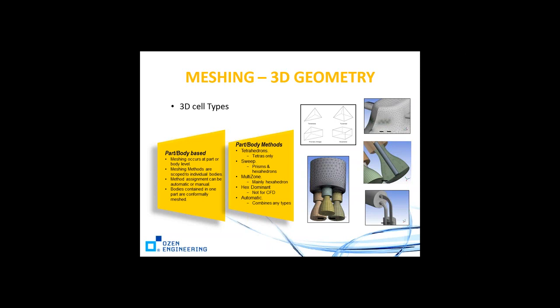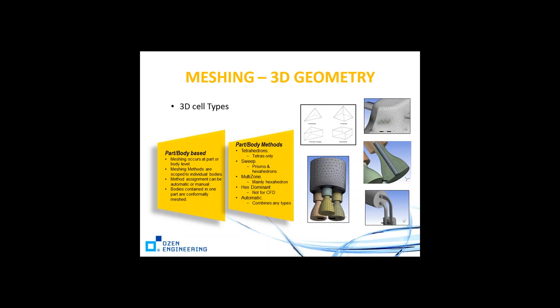If you pick multi-zone method, it will be mainly hexes. Hex dominant is not recommended for CFD, especially for CFX. Why? Because CFX doesn't like those pyramid elements, and with hex dominant method, you can get pyramid elements in your mesh.